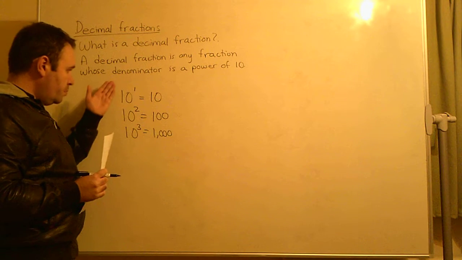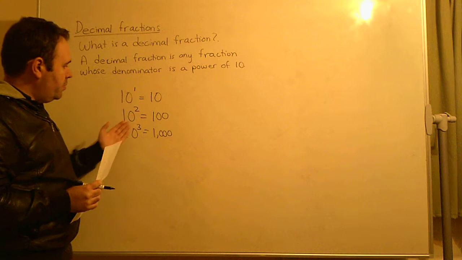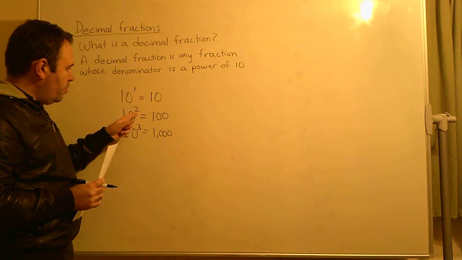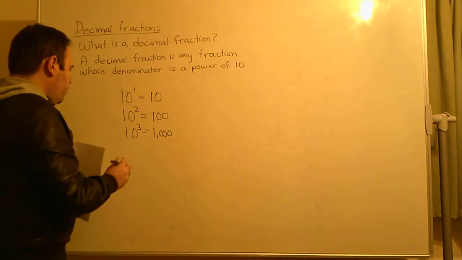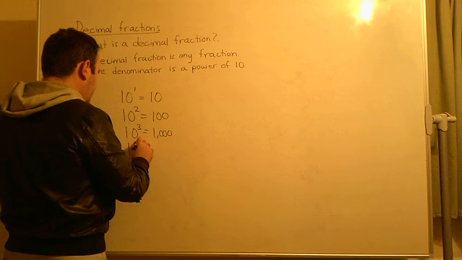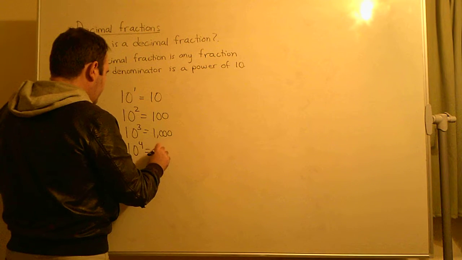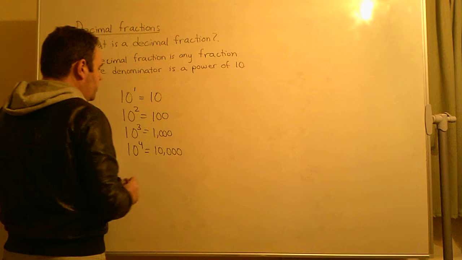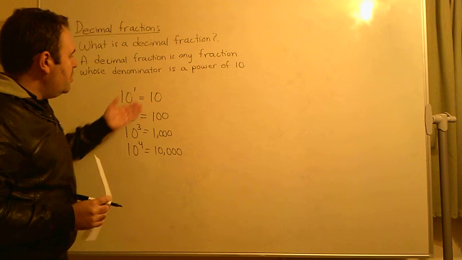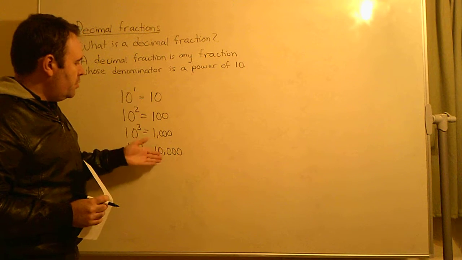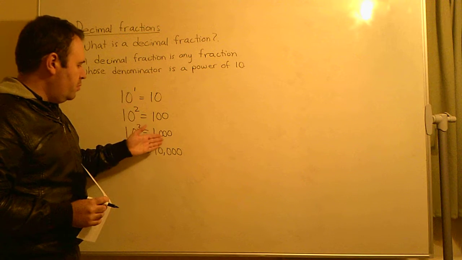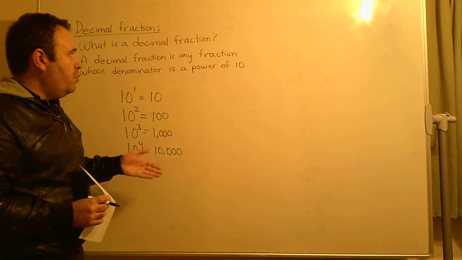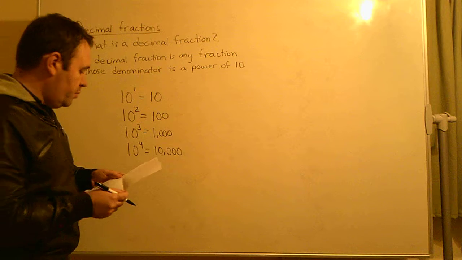So, these are powers of 10 because this is called a power, yeah? For instance, 10 to the power 4 would be 10,000. So any fraction that has these sort of denominators, like 10, 100, 1000, 10,000, could be considered a decimal fraction.